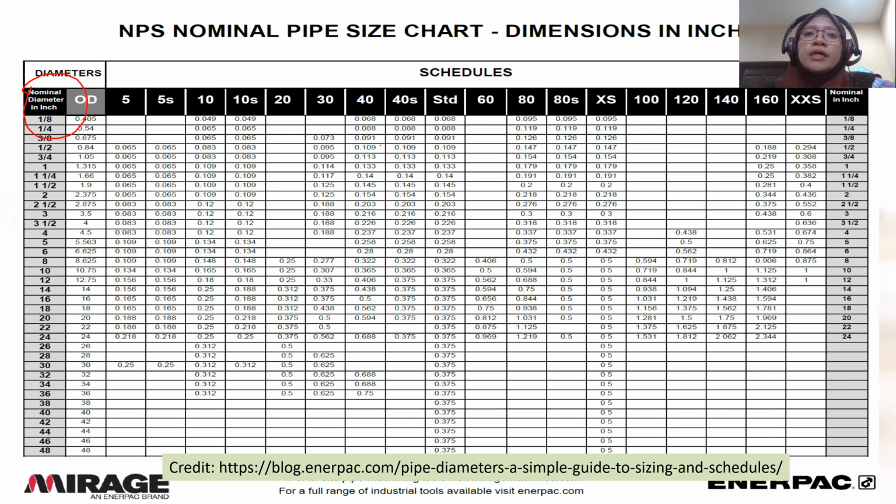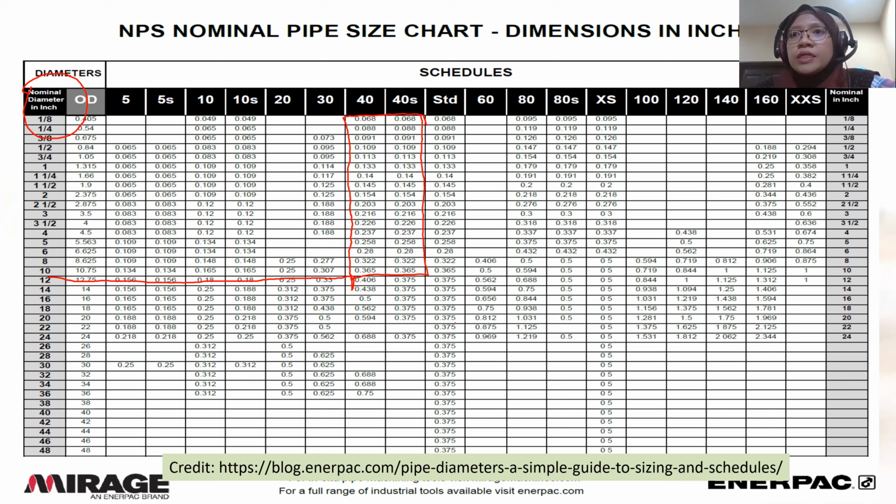Let's look at the beginning. The schedule is the same for both 40 and 40S, but it starts to differentiate somewhere after size 10 or 12.